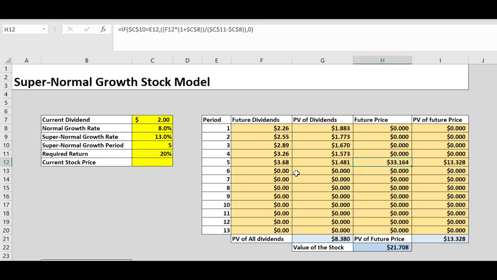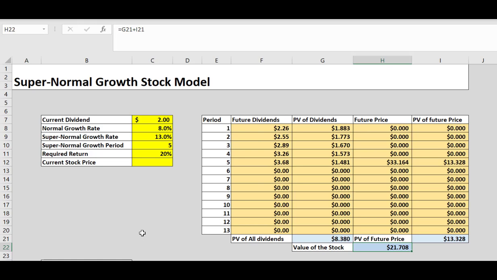So we expect the stock price to be $33 at the end of 5 years. If you calculate that present value, it's $13 and roughly 33 cents. If you add together the present value of the dividends and the present value of the future price, we end up with a value of this company of $21 and roughly 71 cents.